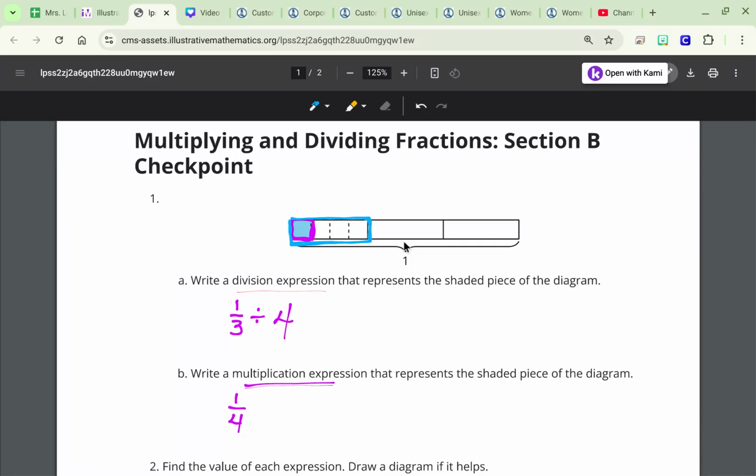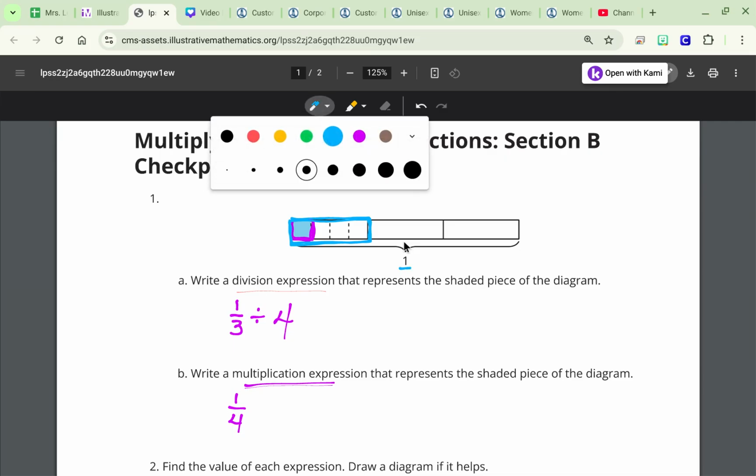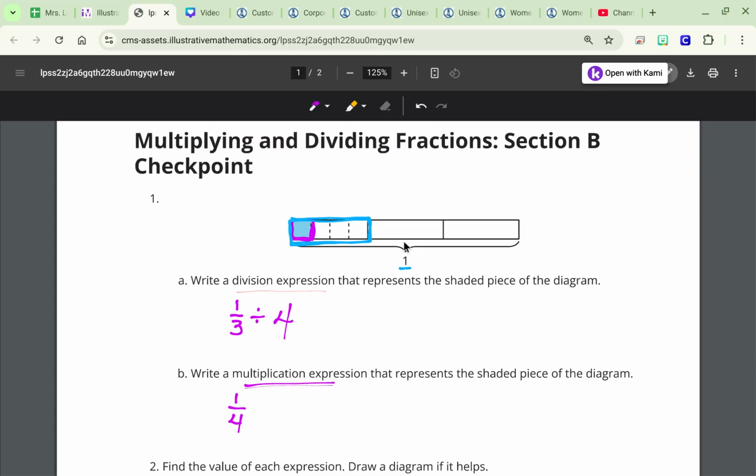Well, this section that I have outlined in blue, how does that section relate to this entire whole? It is 1/3 of the entire whole, right? So sometimes in multiplication we see something repeated, but other times like this, especially if it's a proper fraction times a proper fraction, we're asking ourselves, what is 1/4 of 1/3?